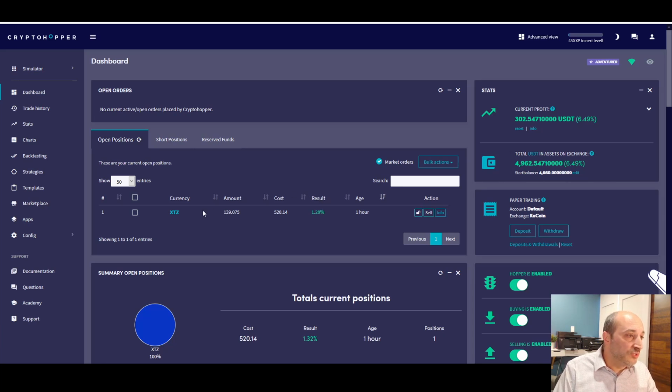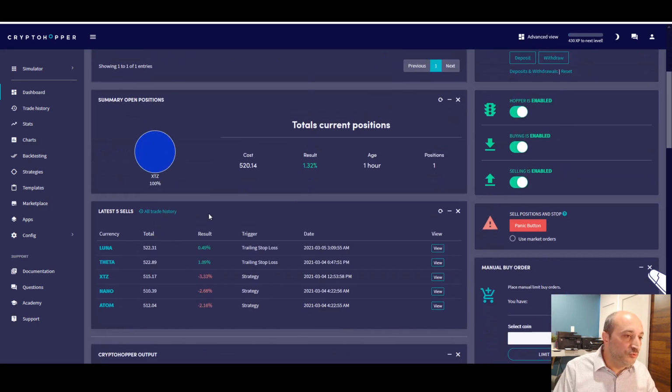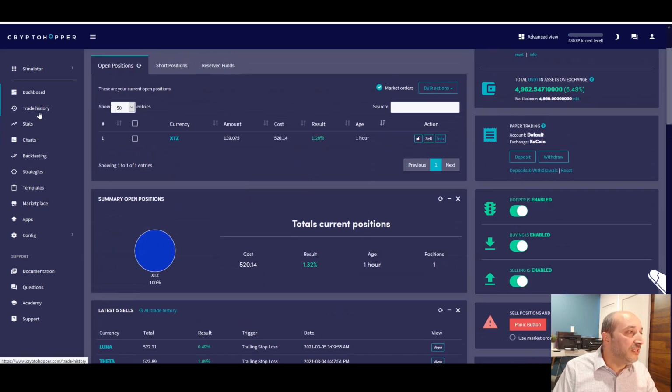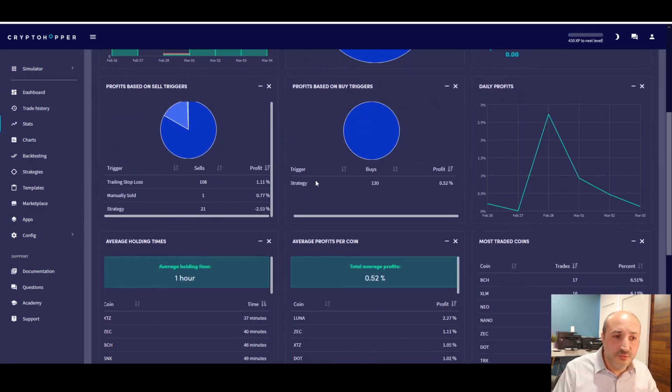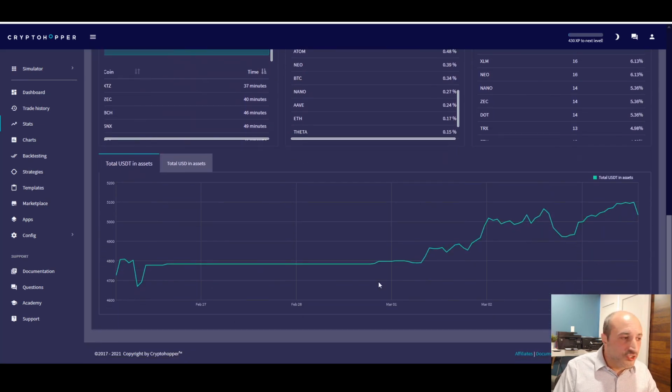Let me show you the result before we go to the settings. So let me go to the statistic right here that I just created, so it will be easier to understand. I tried this strategy for 6 days, and this is my chart right here. By the way, this is just my simulator, so the amounts are fake.